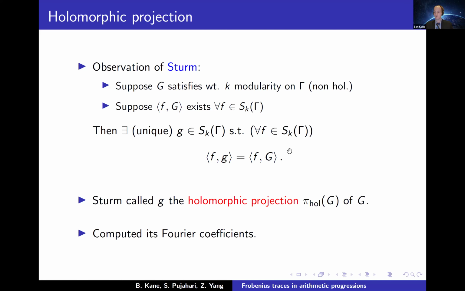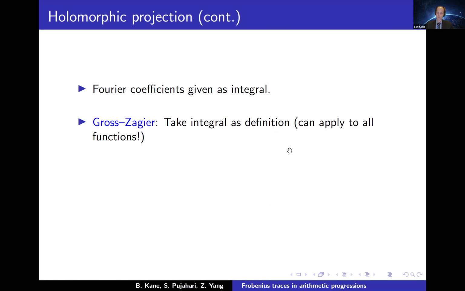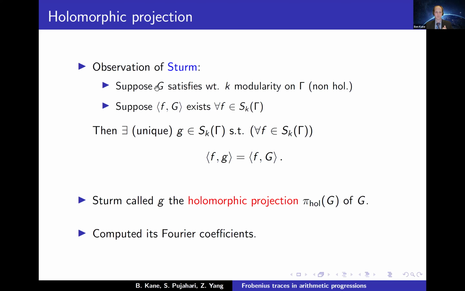And he computed its Fourier coefficients. And it turns out later on, Gross and Zagier went backwards. They took the Fourier coefficients and wrote it as an integral. And they said, actually, if we take that as the definition, then we don't have to take the capital G to have modularity, because the integral written previously only makes sense because we're taking the action modulo gamma.